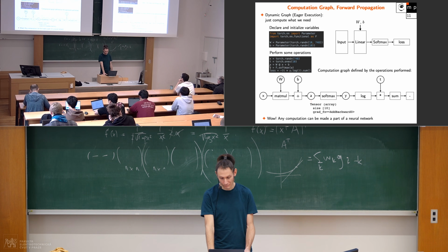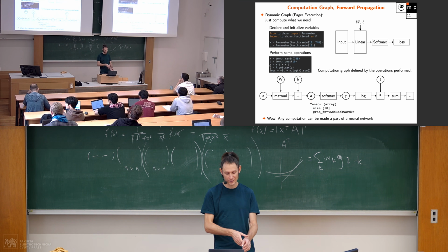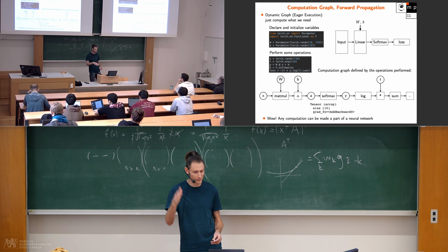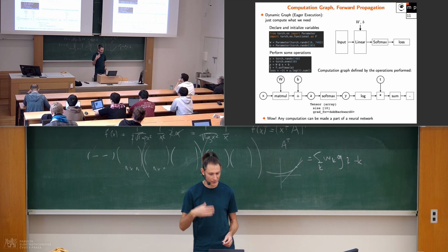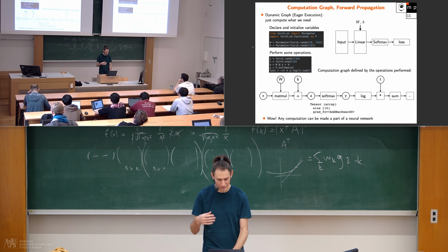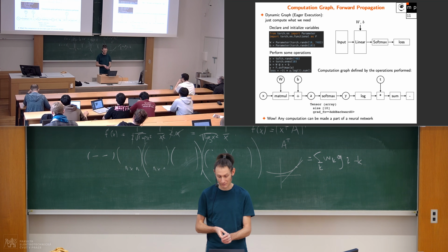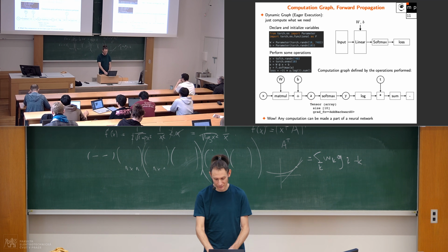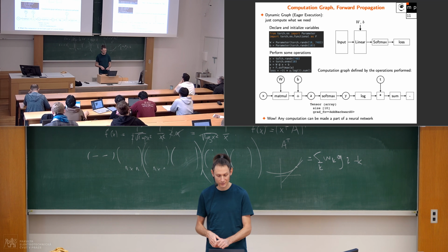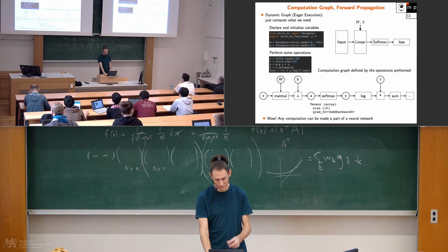But maybe it's not the most efficient way for running this in the training loop, because in the training loop you're going to repeat this forward execution and the backward propagation again and again. So what PyTorch can do these days is compile this graph. It would parse the code.